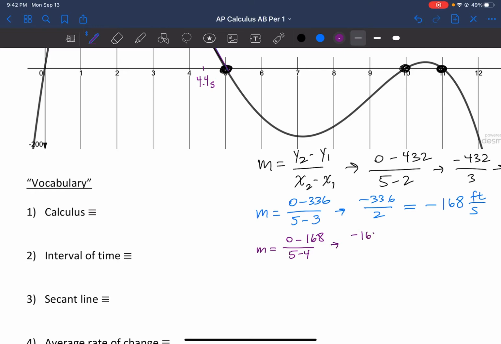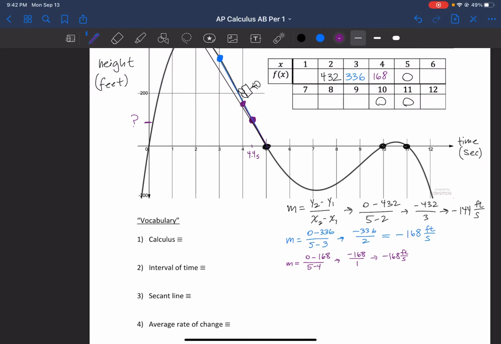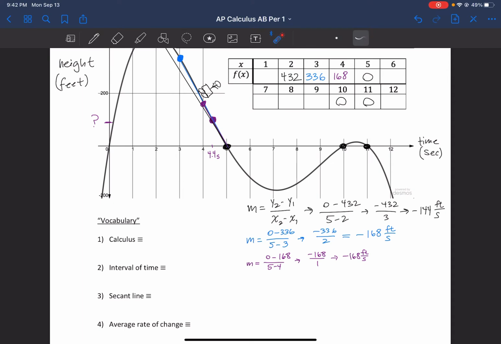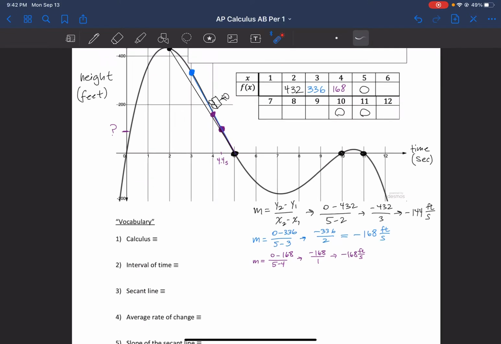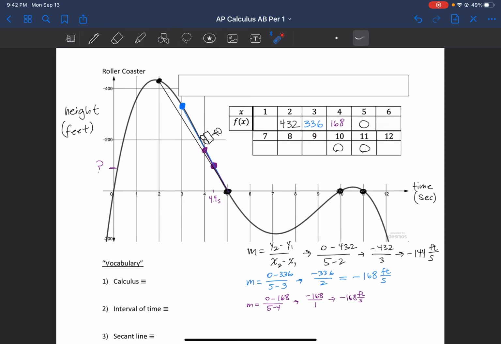That's negative 168 over 1, which comes out to be negative 168 feet per second. So the cart from 3 to 5 seconds is moving at the same speed as from 4 to 5 seconds. This takes us into the next part before we move on to the vocabulary.